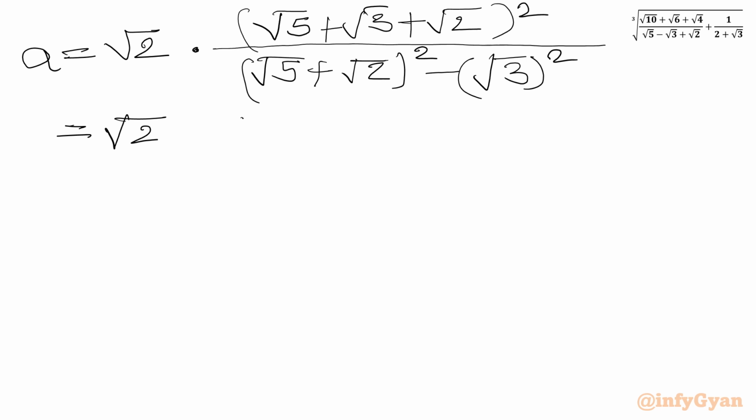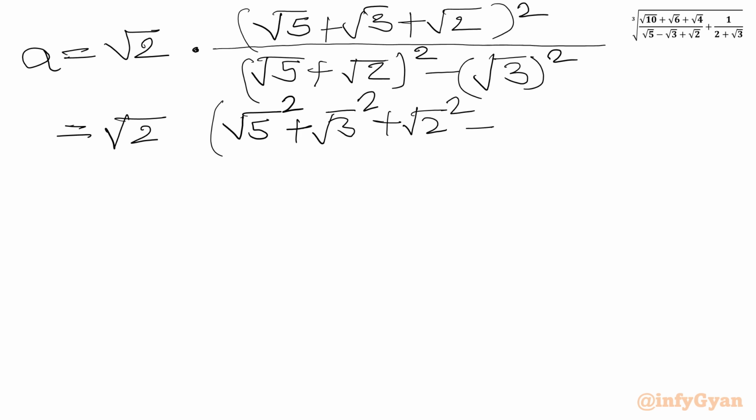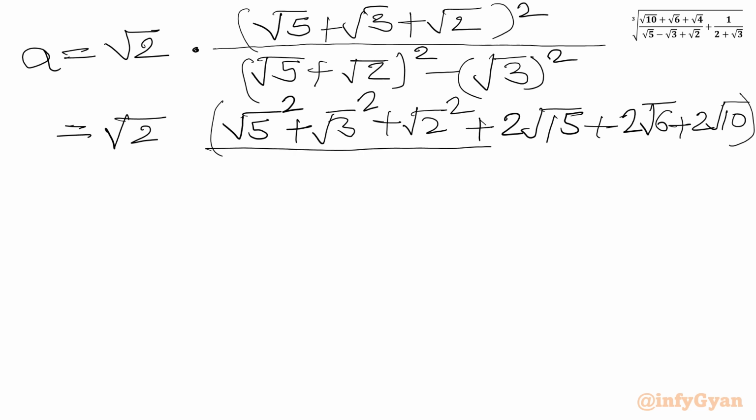So we know that root 5 square plus root 3 square plus root 2 square, a square plus b square plus c square, plus 2 times ab, so root 15, plus 2 times bc, so root 6, plus 2 times ca, so root 10, over (a plus b) whole square. So root 5 square is 5, root 2 square is 2, and 2 times the product is square root 10, minus root 3 square is 3.